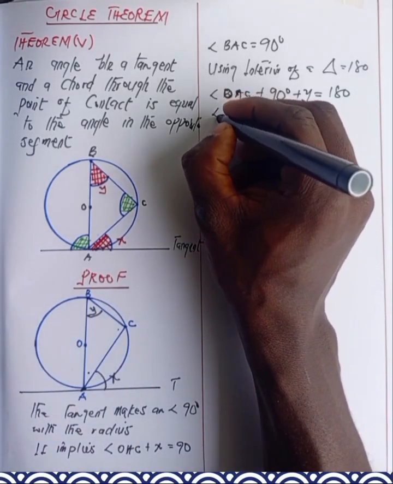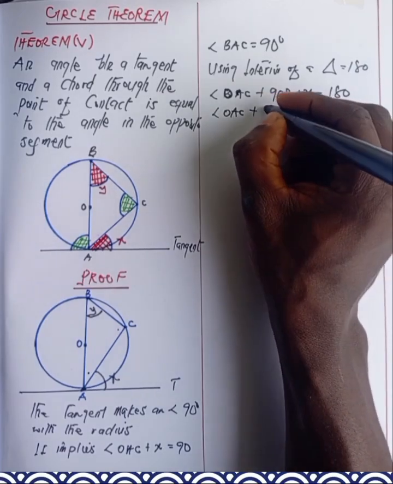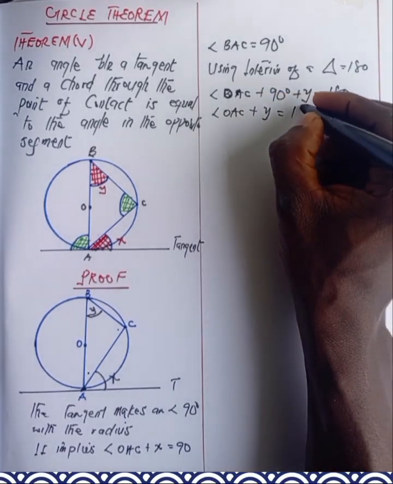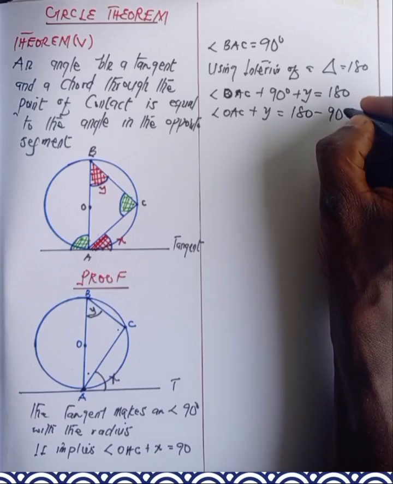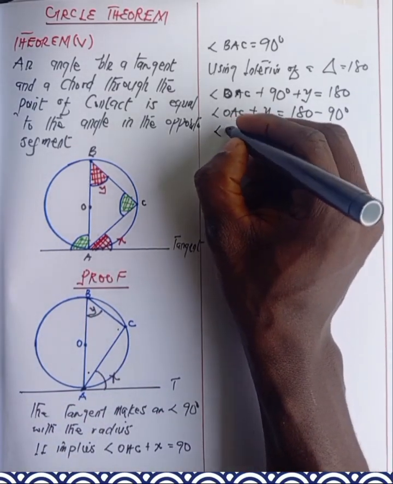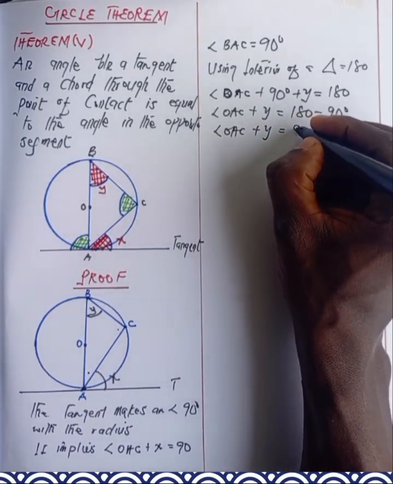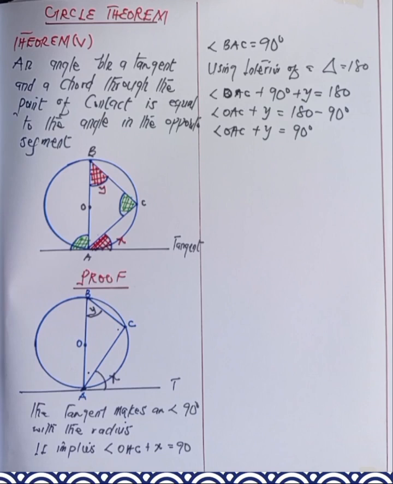So we can say that angle OAC plus y is equal to 180 minus 90 degrees. So at the end, we are getting angle OAC plus y is equal to 90 degrees. Very good.